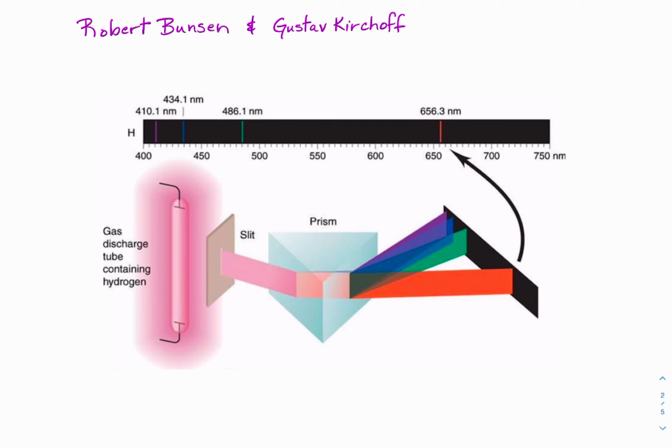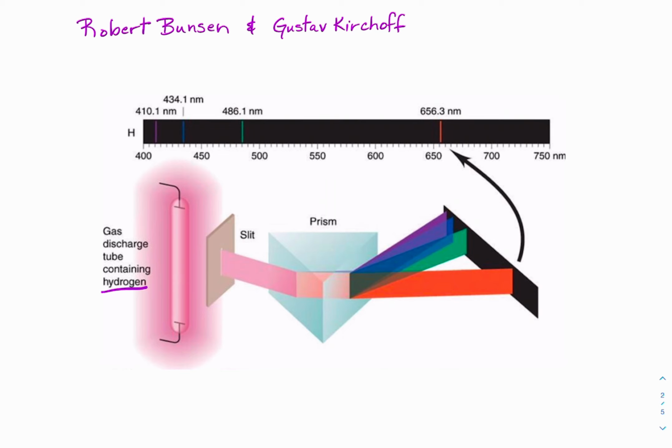The video or picture that I have shown here is not the actual burning of elements in a Bunsen burner, but instead you can do this exact same experiment with hollow tubes that are filled with a particular gas form of an element. In this particular case, we're using hydrogen.